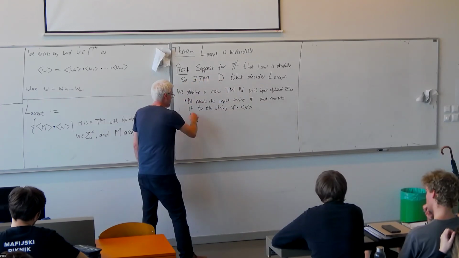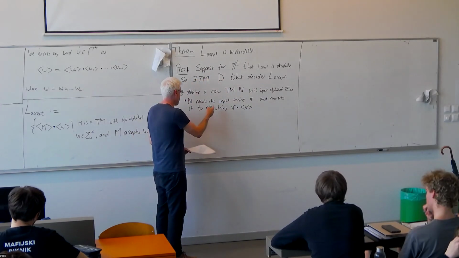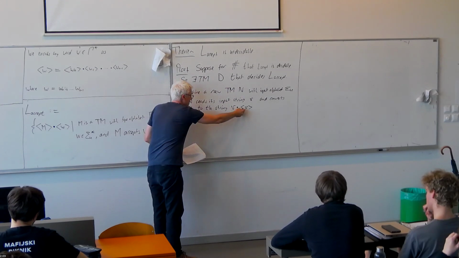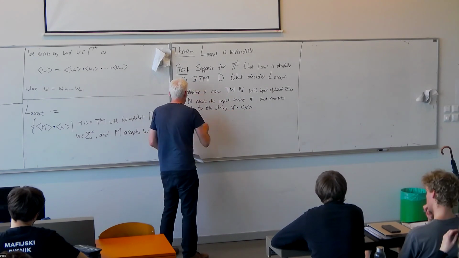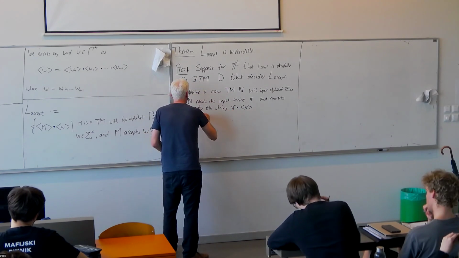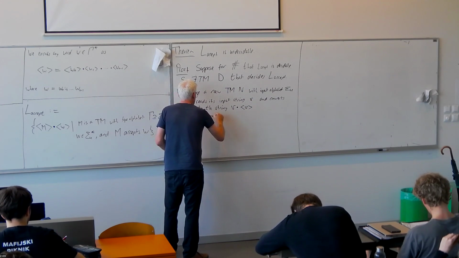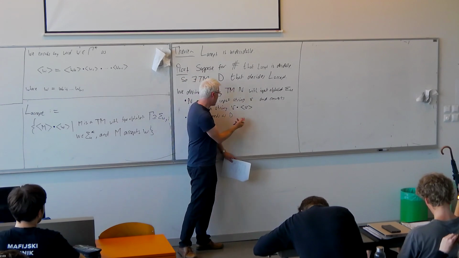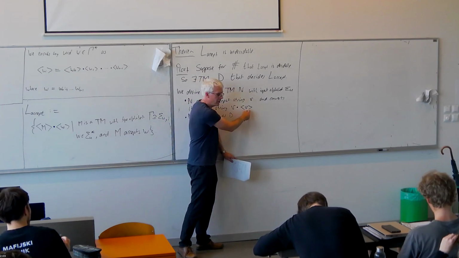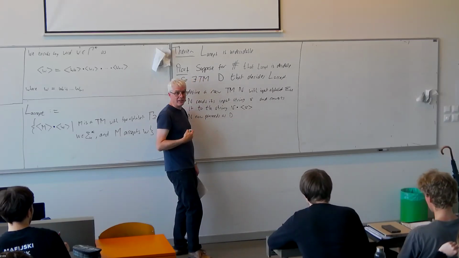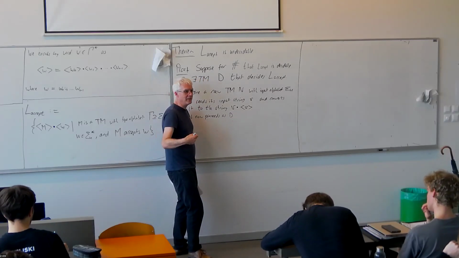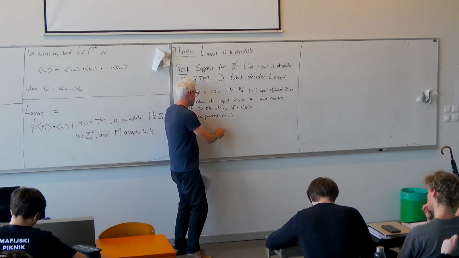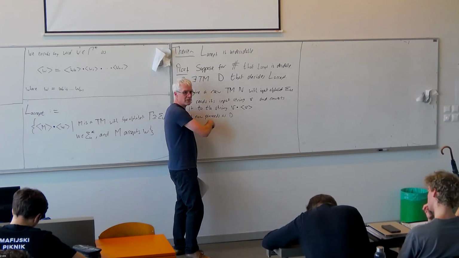Okay, and now once N has done that, it's now got a new string there. So it now proceeds as D from this input. So basically now N just carries on as D would carry on from this input, except for one thing, which is when it gets to the end, it inverts the accept and reject states. So if D were going to accept this, N will reject it.